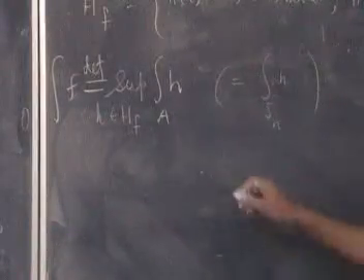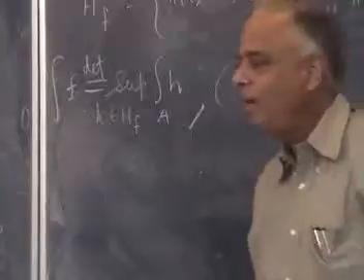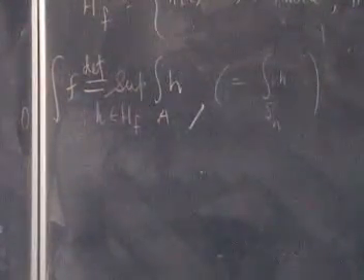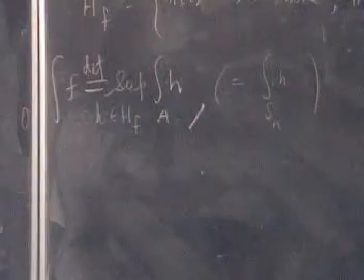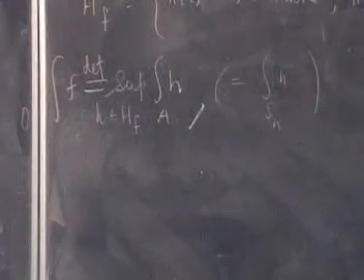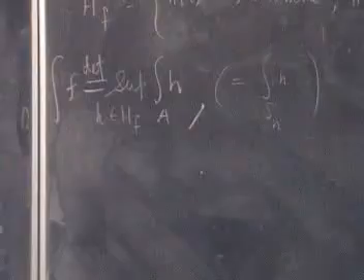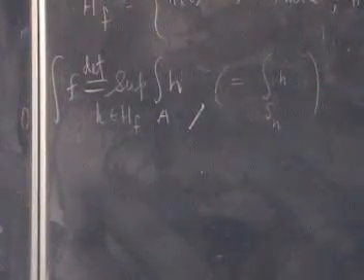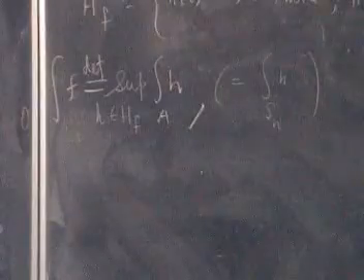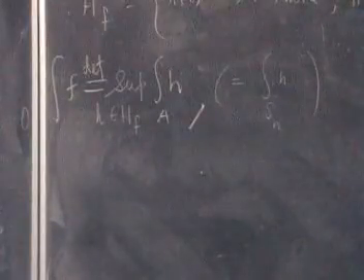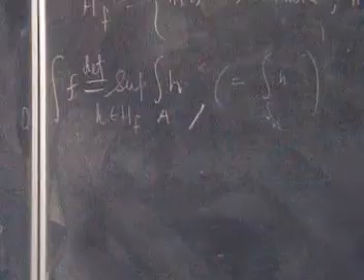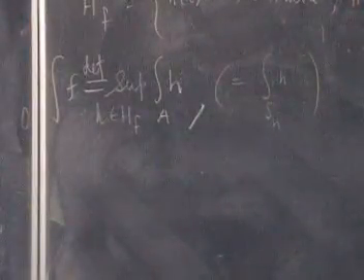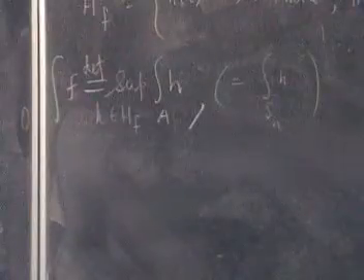Therefore, you will have this integral of non-negative functions. Then you define the integral of a general function as integral f plus minus integral f minus, provided both are finite. If one of them is infinite also, it's okay. If this is plus infinity and that's finite, we define the integral to be plus infinity. If this is infinity and this is finite, we define the integral to be minus infinity. If both are finite, we say the function is integrable.